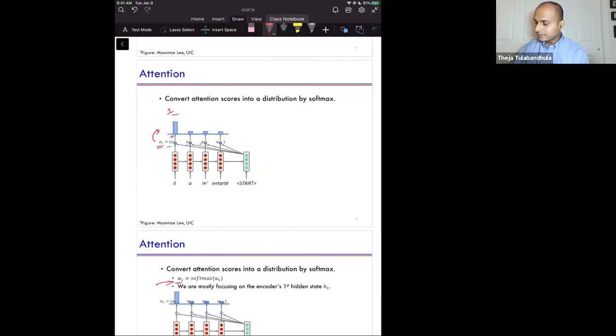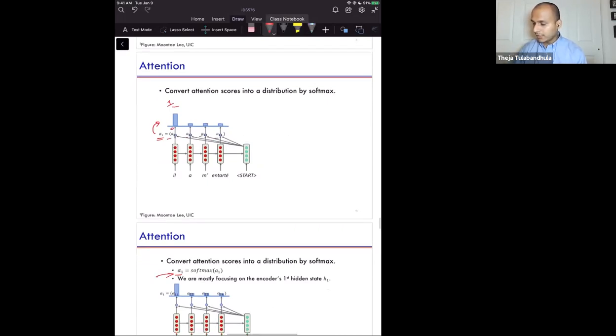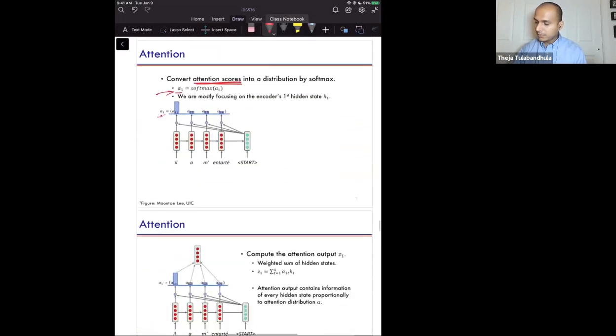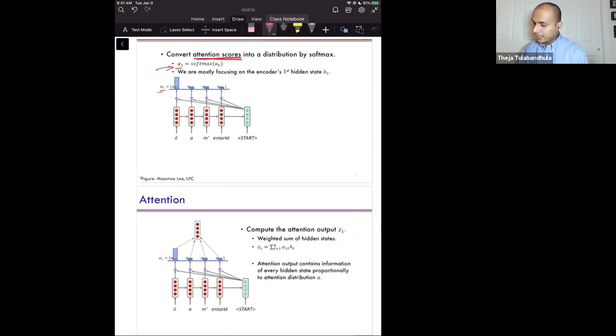So we apply a softmax operation on these attention scores. They are called attention scores. Once we have these squished numbers, we use them with the hidden values again. We used hidden values to get to a11, a12, and so on, and the alpha 1 1, alpha 1 2, and so on. Once you have these probabilities, we're just going to take an average.